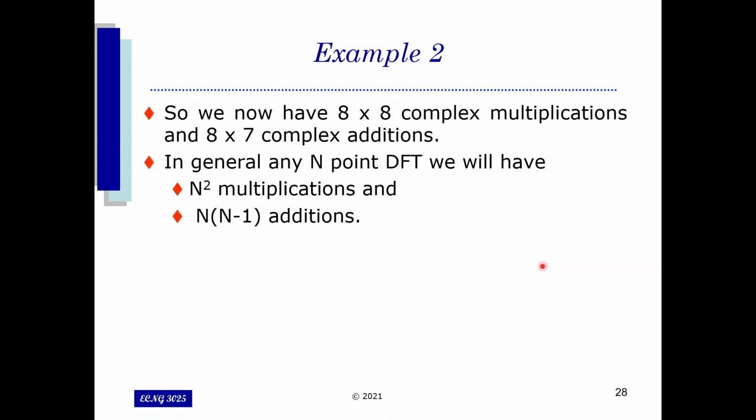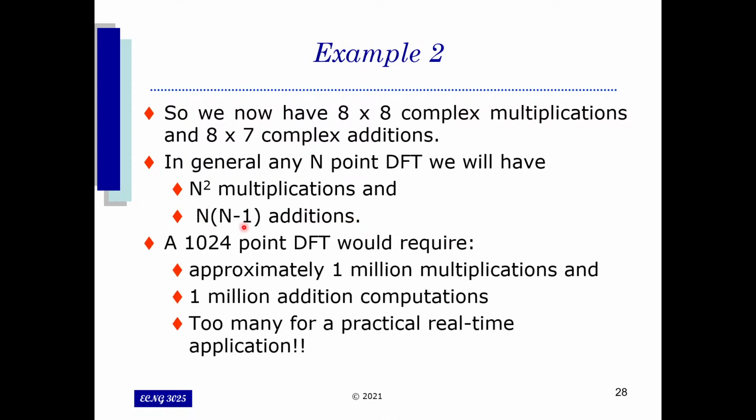And in general, this expansion is what we can observe for any N-point DFT. So that means for any N-point DFT, you're always going to have N squared multiplications, which was basically you multiply the 8 by 8. And then we're going to have N multiplied by N minus 1 additions to do in order to formulate the frequency component.